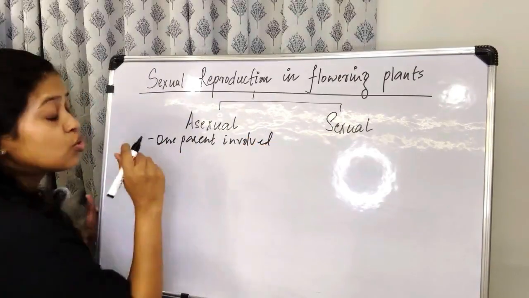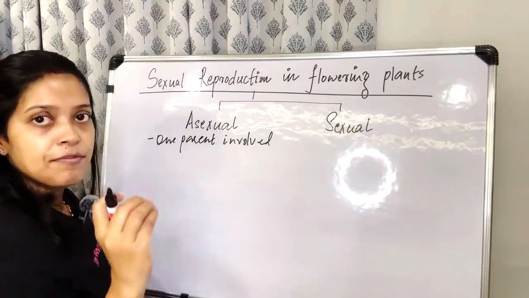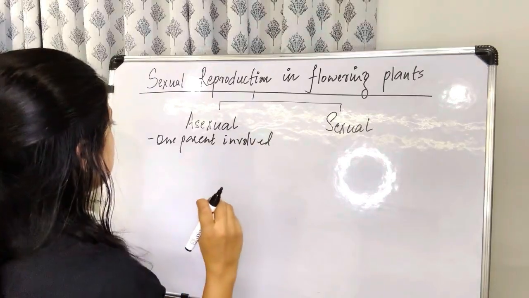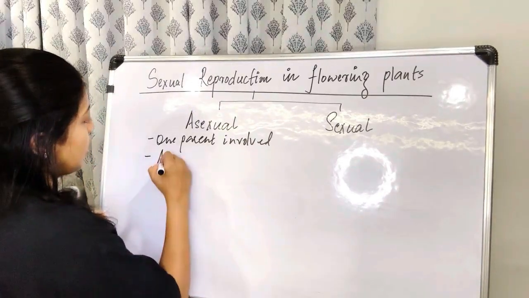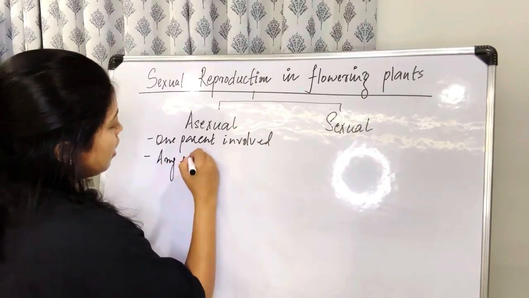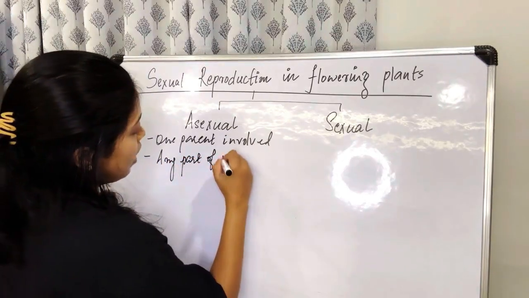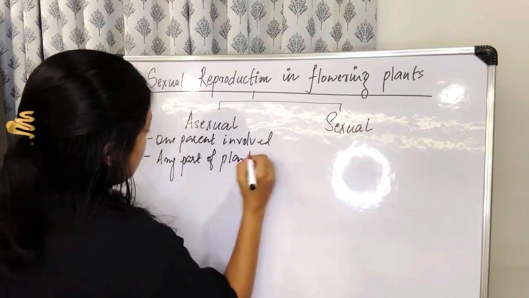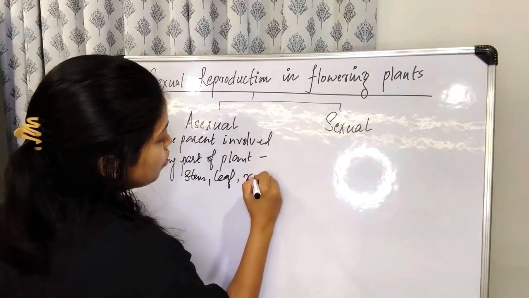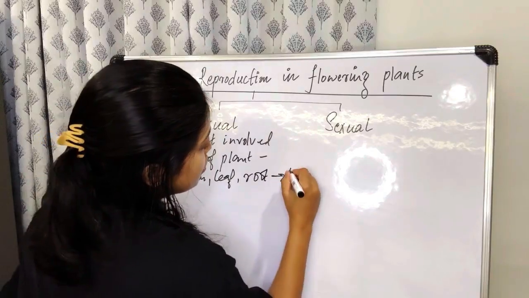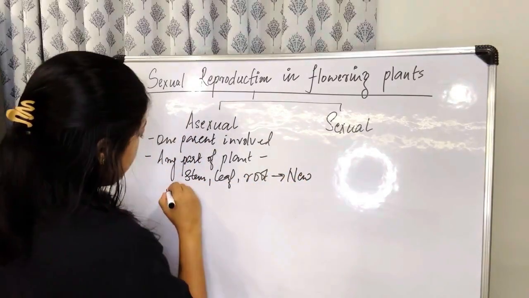That is, there is no fusion of male and female gametes from the individual parent, and any part of the plant, for example, the stem or leaf or root, can give rise to a new individual plant.